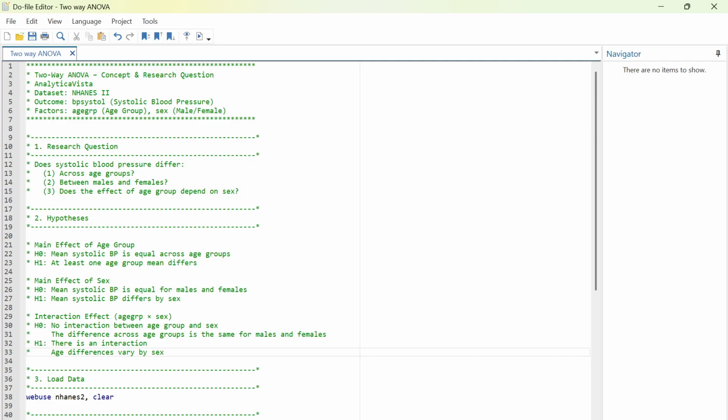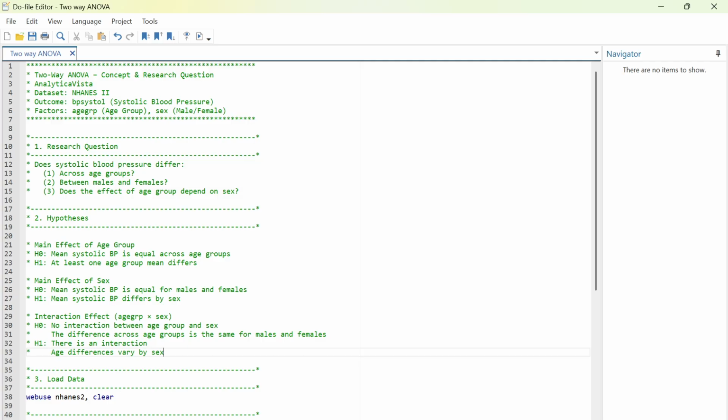So in our observation, systolic blood pressure increases with age, and we're going to say now in interaction effect, does that pattern remain the same for male and female, or does it vary? In other words, our research question is going to be, does the effect of age group depend on sex, or vary by sex? That is how we build the research question related to Two-Way ANOVA.